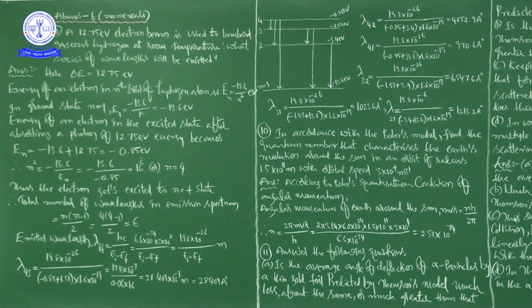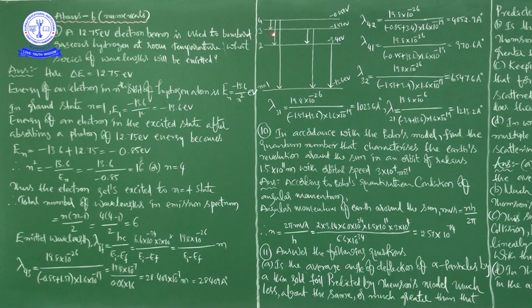Okay, right. Now we are going to calculate the series of wavelengths. You see here the possible emission lines according to this question. There are 4 states, the ground state that is n is equal to 1, and n is equal to 2, n is equal to 3, n is equal to 4, right?